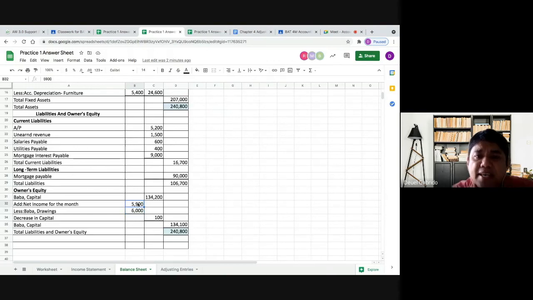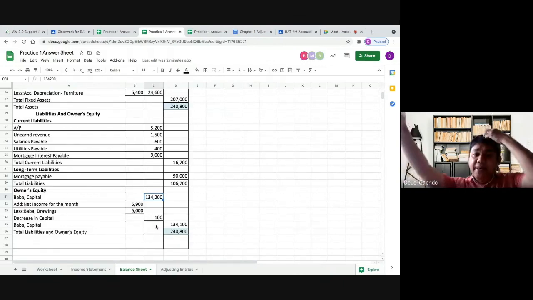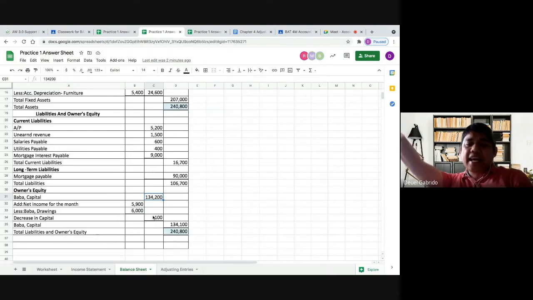Always, guys, put the drawings and the income together in the very first column. But of course, the beginning capital, don't put it close here. Put it in the second column. The 100 here is like a negative number. Capital will not increase because drawings are bigger than the income, so I put the word decrease in capital, 100.